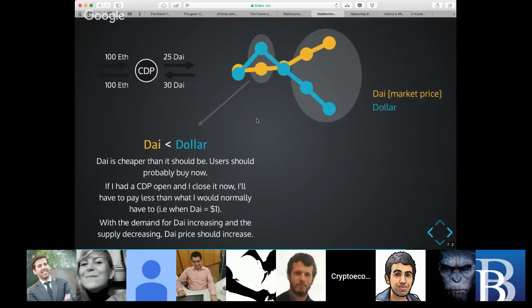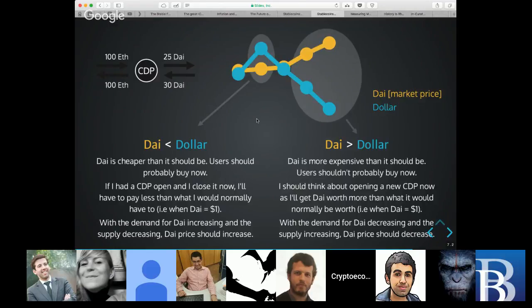And in the other situation, what happens is exactly the opposite. So here the DAI is more expensive than it should be. So if I'm a user who wants to use DAI, I probably won't buy now because it's more expensive than it should be, right? So I'll wait.